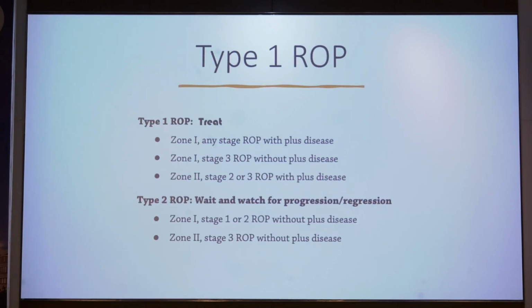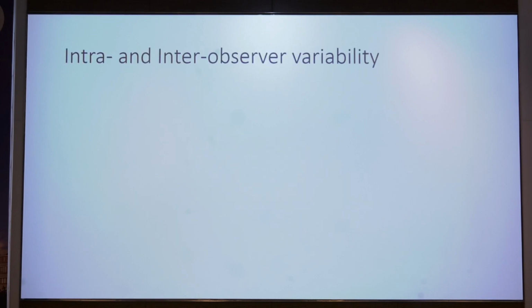Coming to the treatment, type 1 ROP needs treatment and type 2 ROP needs watchful observation. In type 1 ROP, we have zone 1 disease with plus and zone 2 disease with stage 2 or 3 with plus. Another important obstacle is the inter- and intra-observer variability.